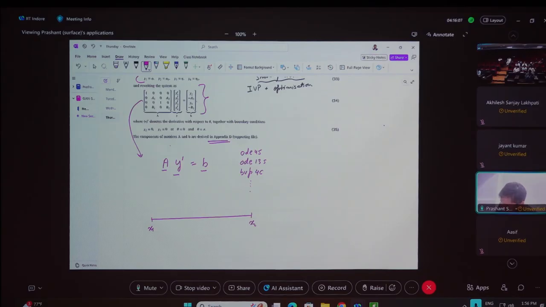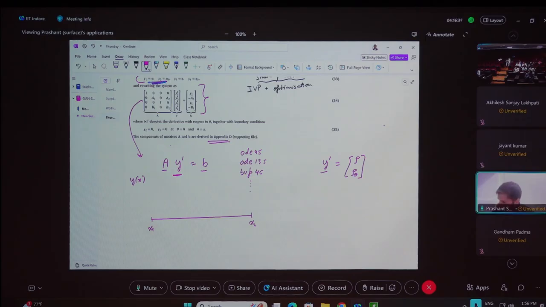You want to find out y of x, and this vector y prime basically has two things inside of it. So you can see, if I just look at only one thing, it's called rho and rho theta.